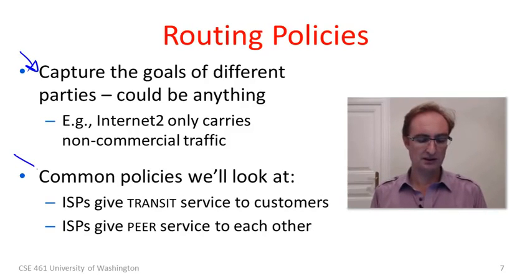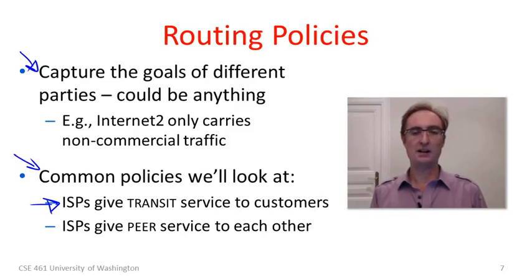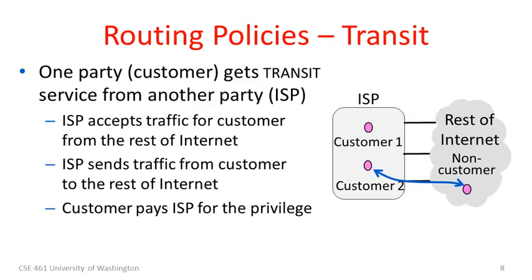However, since policy is such a nebulous word, we'll look at two fairly common, generic policies. The first one is a transit policy, where ISPs provide transit service to their customers. And the second one is what's called a peer service policy, where ISPs provide peer service to each other. I haven't explained what those policies are yet. We'll look at both of them in a little detail.